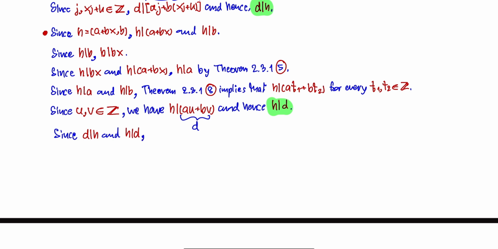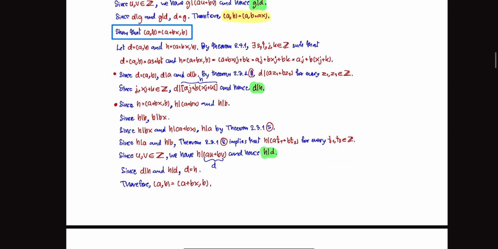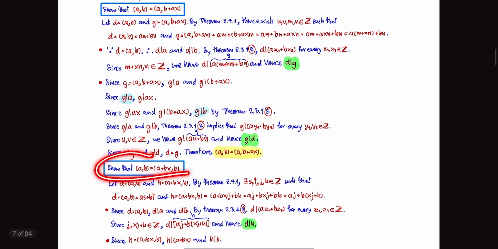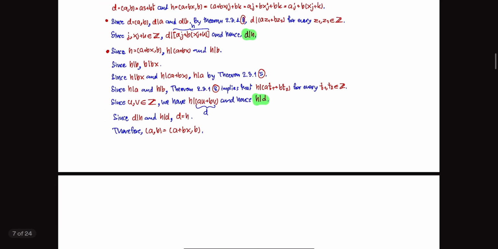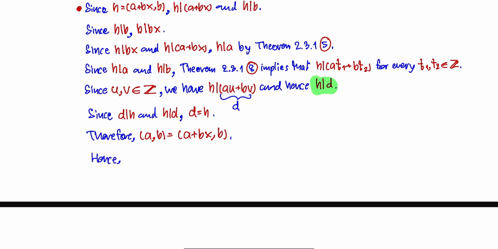We're going to have D equal to H. Okay, so therefore we have the greatest common divisor of A and B equal to the greatest common divisor of A plus BX and B. Once we have shown this, hence the greatest common divisor of A and B equals the greatest common divisor of A, B plus AX, which equals the greatest common divisor of A plus BX and B.